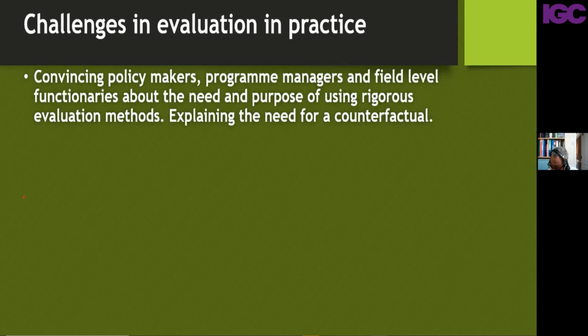But the fundamental thing which you need to convey is this need for a counterfactual. Many policymakers don't really appreciate the need for a counterfactual. So when we used to go for our evaluation of the IRDP beneficiaries, we simply used to assume that they were poor because they were in the below poverty line list.